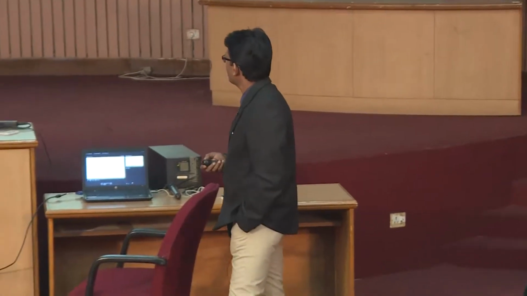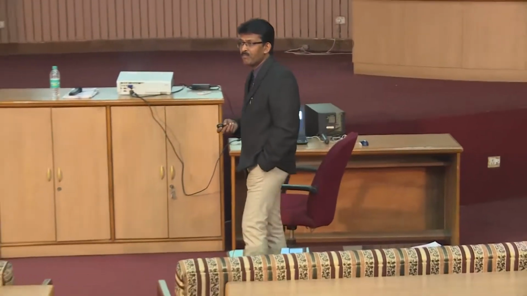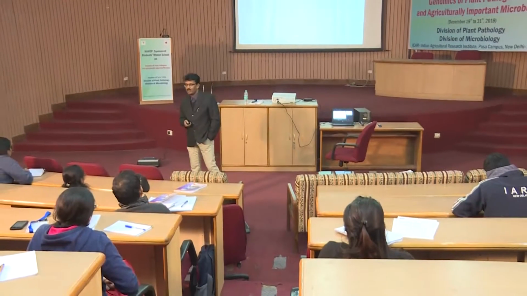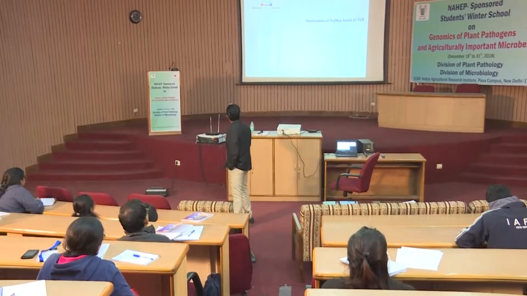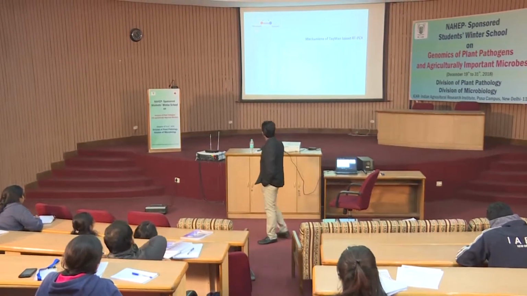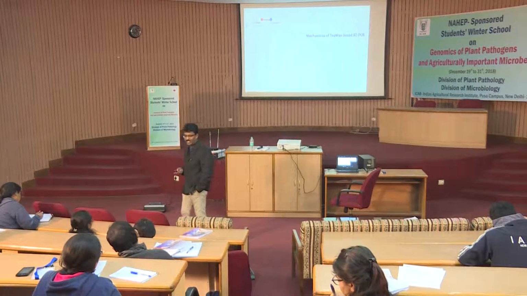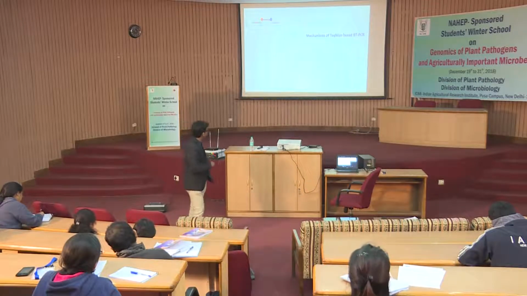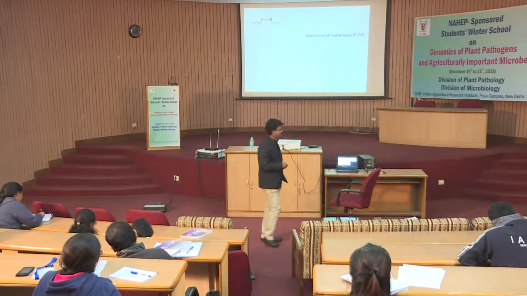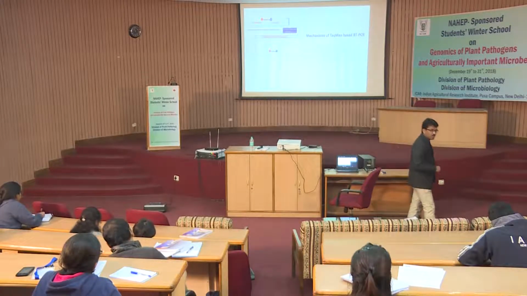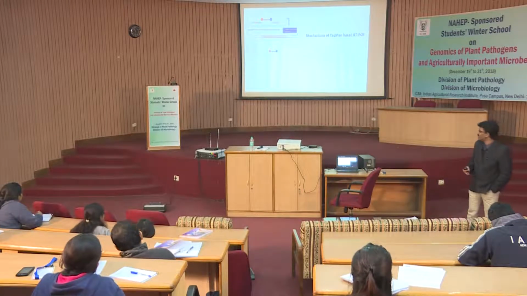The mechanism of TaqMan based real time PCR. Right? This is your probe, fluorescently labeled, target specific probe. It is having the reporter, also called the fluorophore. Is it clear? And you have a quencher. Right? So, now what happens? When you start your PCR, what is the first step?